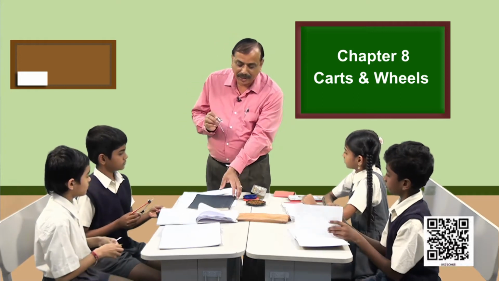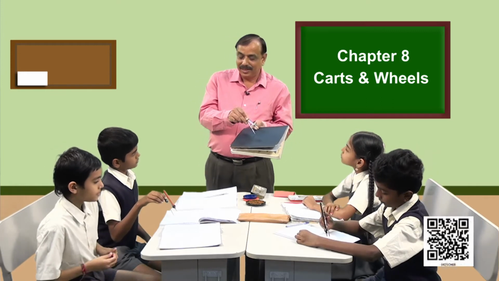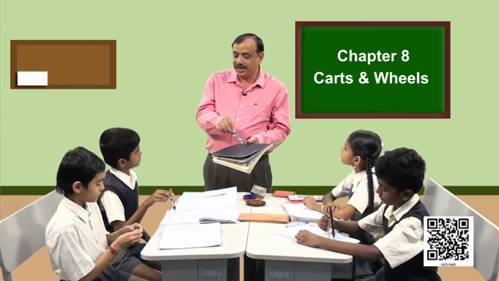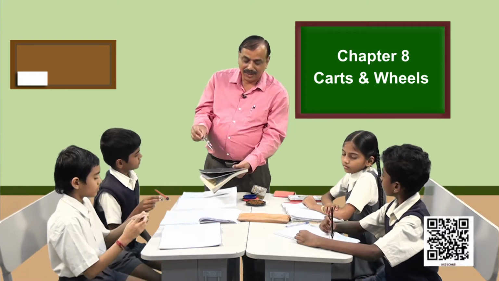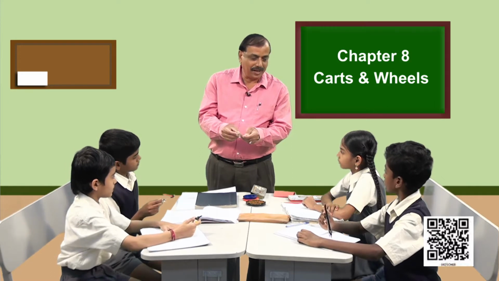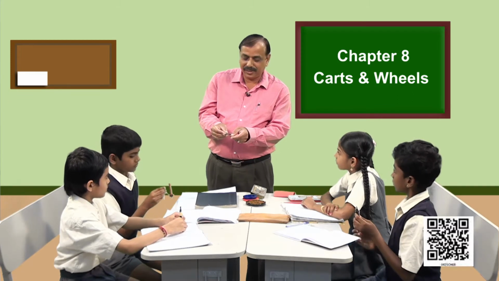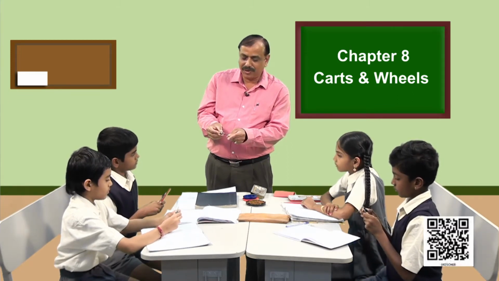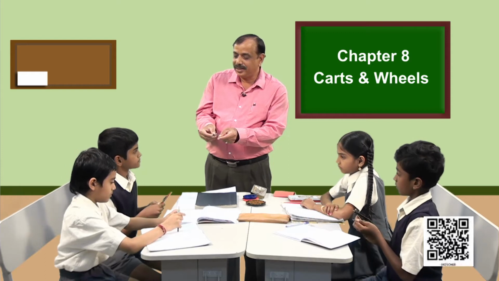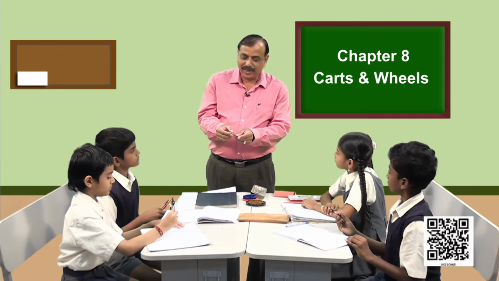This needle point, I need to fix it on the surface, and whichever radius of circle I want to draw, I need to take the radius by moving this pencil away from the point. I can take 2 centimeter, 3 centimeter, whichever dimension I want, and fix the radius of the circle by measuring it or by just approximating it.